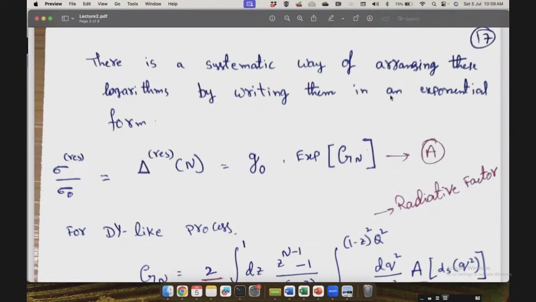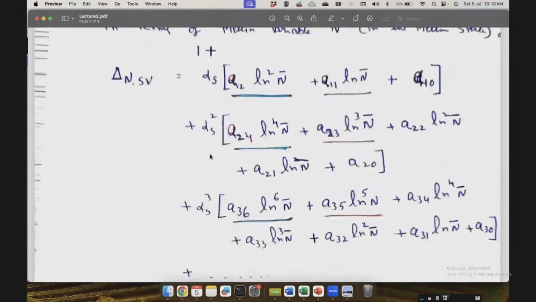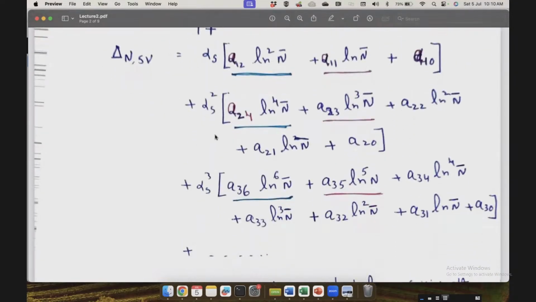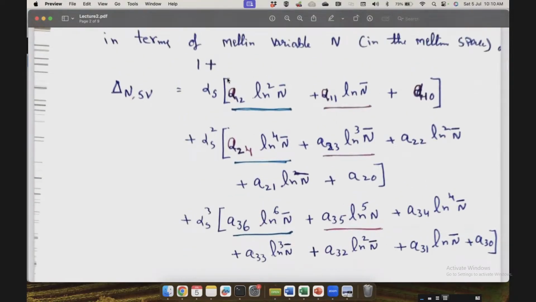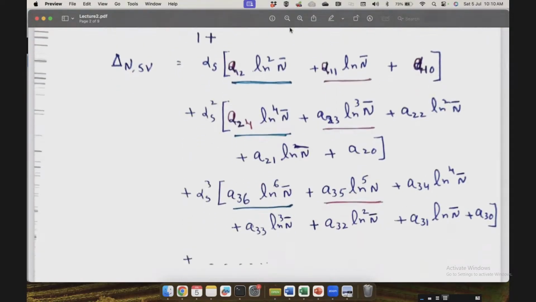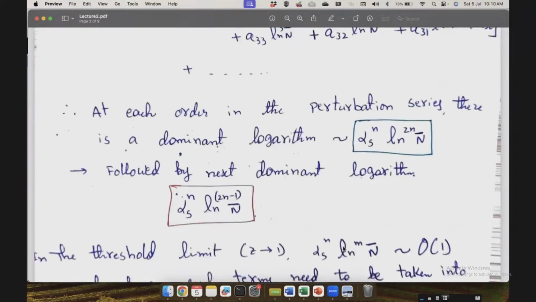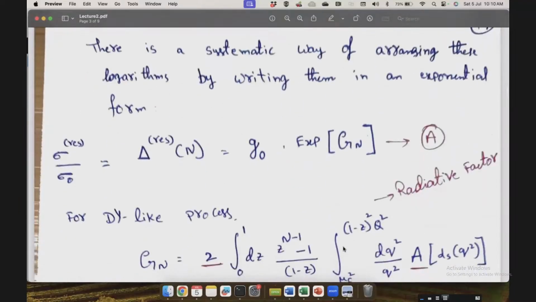There is a systematic way of arranging these logarithms by writing them in an exponential form. If I consider soft plus virtual to all orders in the perturbation theory, effectively I'm summing over all such large logarithms, the next dominant logarithms. So that summation is already implicit.